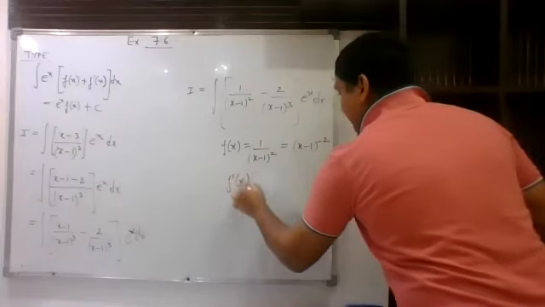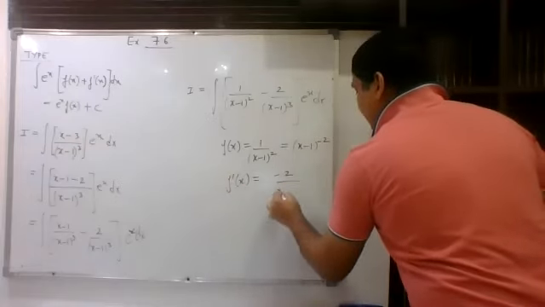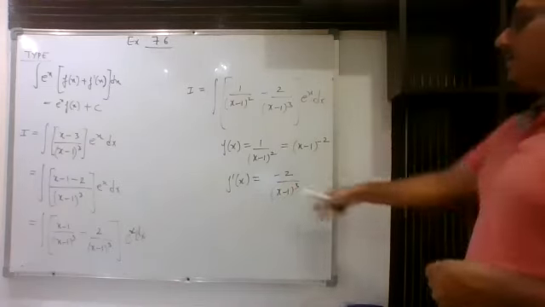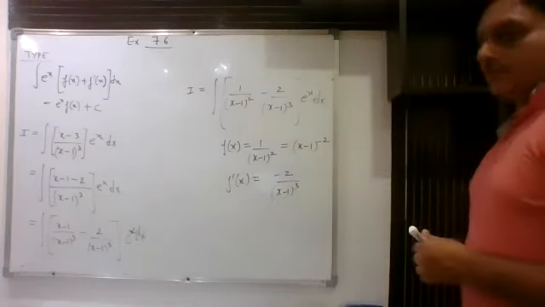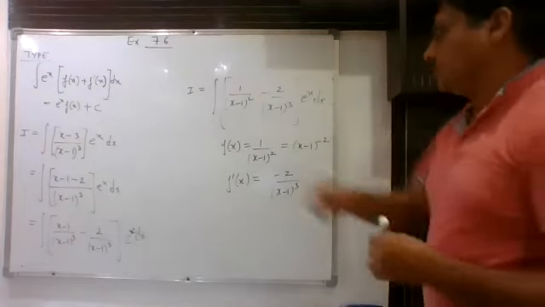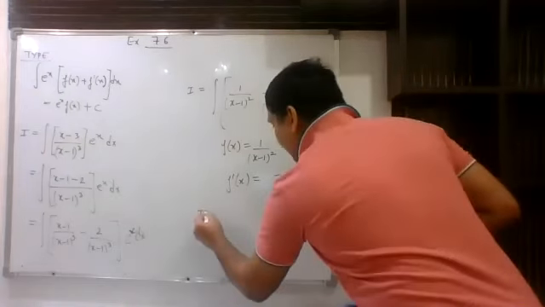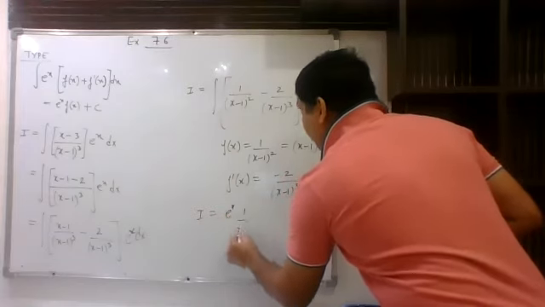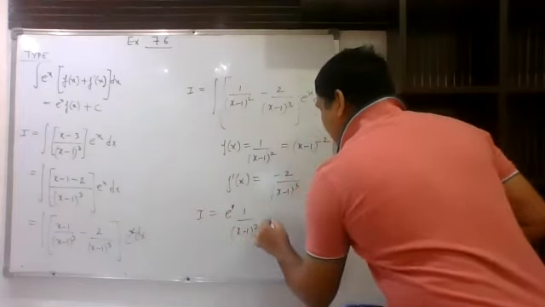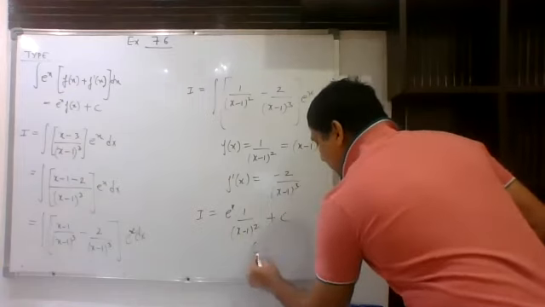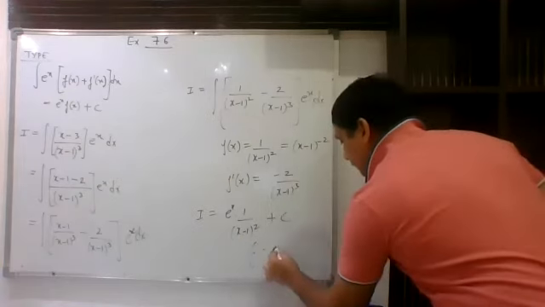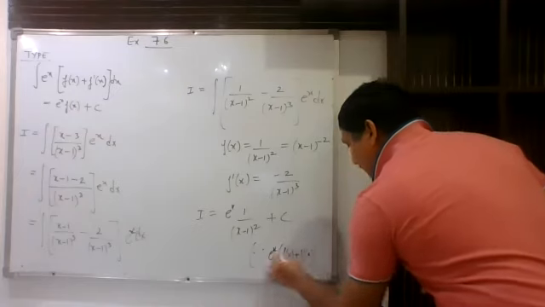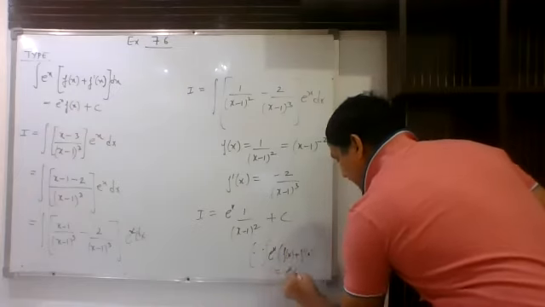So f'(x) will be −2/(x − 1)³. So now you can see that it is of that form. So for a 4 marker, you will write this form also, and then you will say I can be written as e^x f(x) + c, because you know that. So this is a standard 4 marker question, and this is how you will solve this.